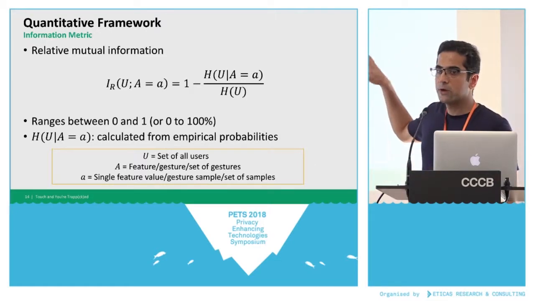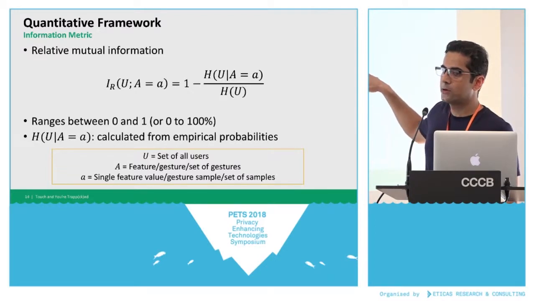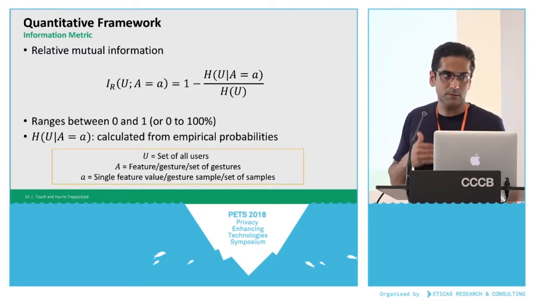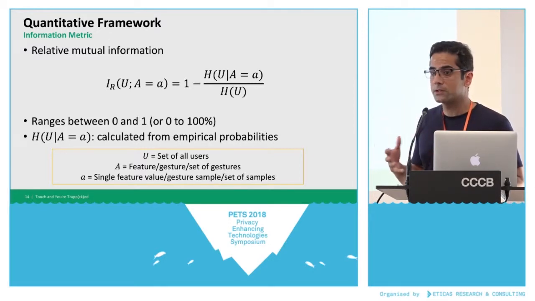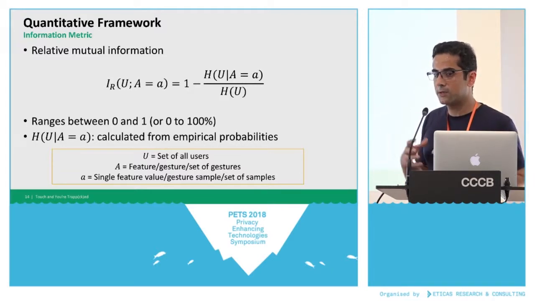So this measure is between 0 and 1, and the reason why we use a relative measure instead of an exact measure is because through our user study, we had a different number of users for different gesture types, and we wanted to have one scale for all of them.